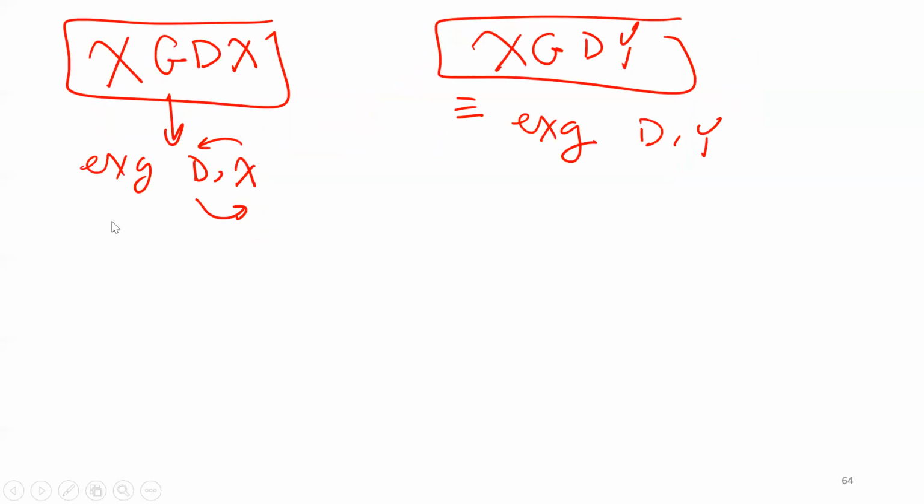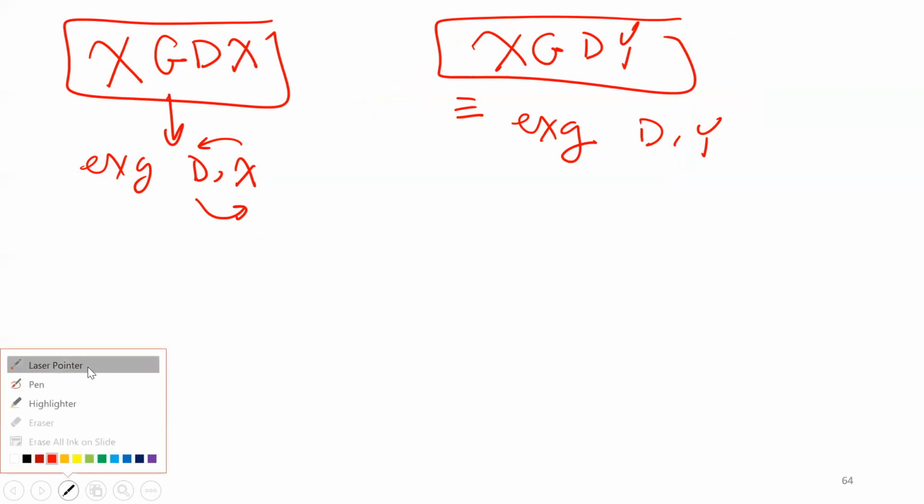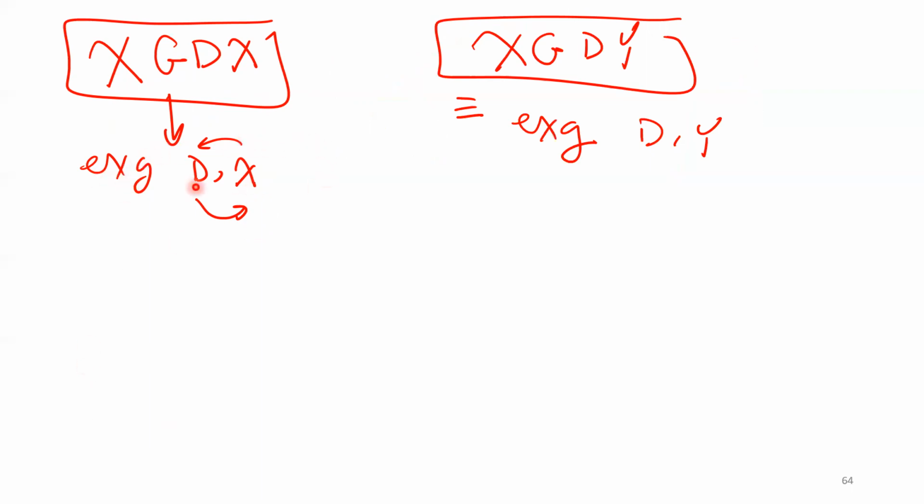Also, in addition to exchange, we have this instruction, XGDX. This one means exchange D and X. It is the same thing as doing it this way. Whatever you like, they are going to do the same thing. You can say exchange D comma X, or you can write it this way. But this one is inherent.